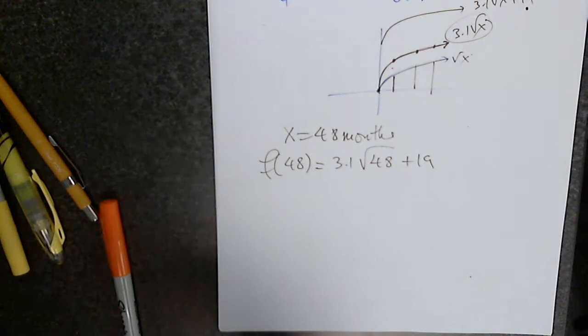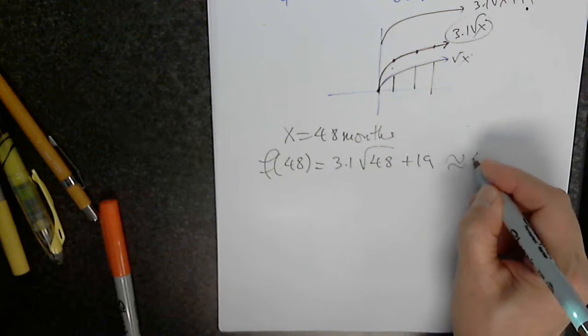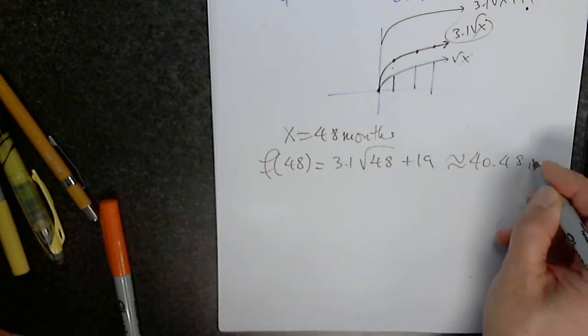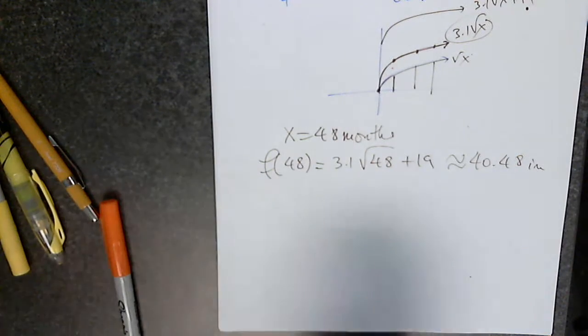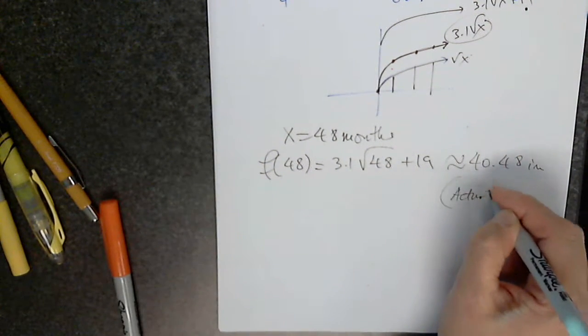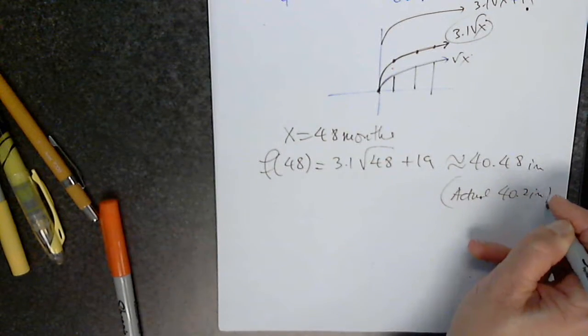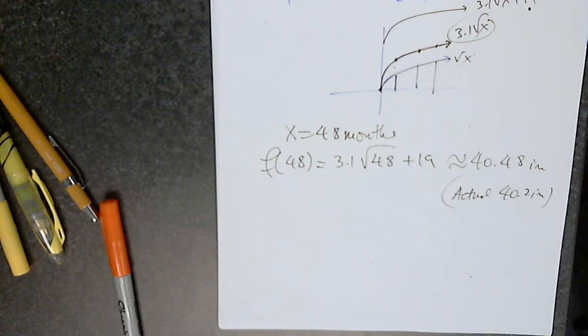So it's 40.48 roughly inches. It says the actual median height for girls at 48 months is 40.2. So the actual is 40.2 inches. How well does the model describe the actual height?